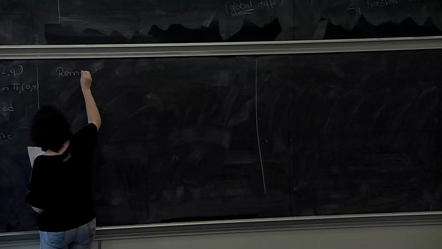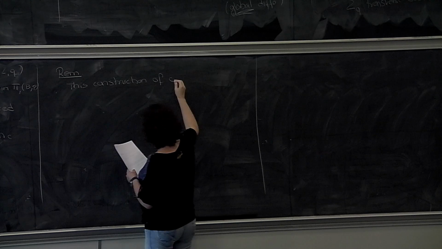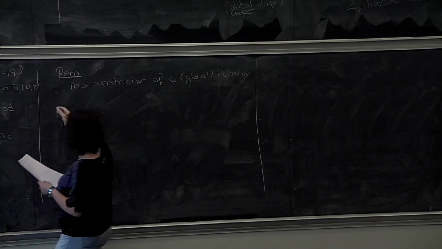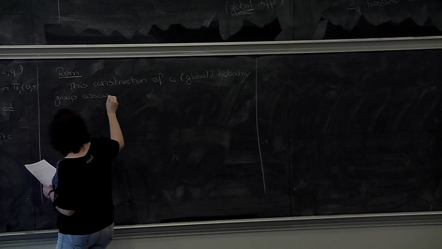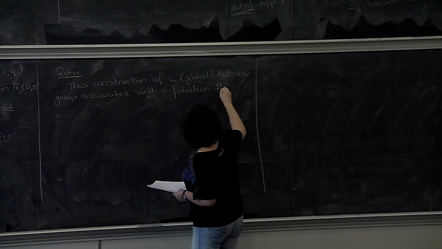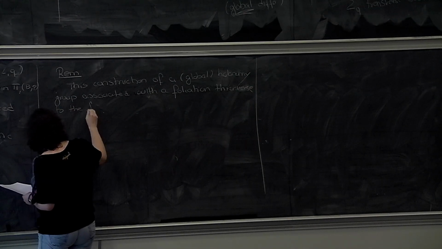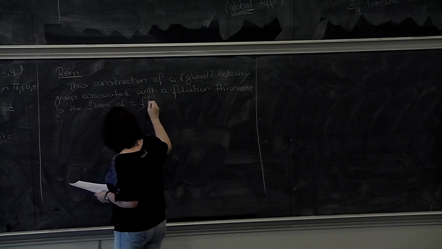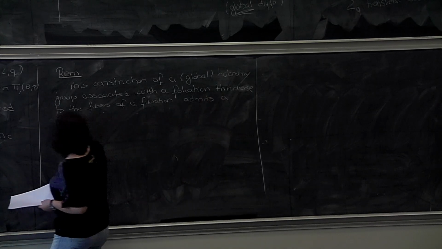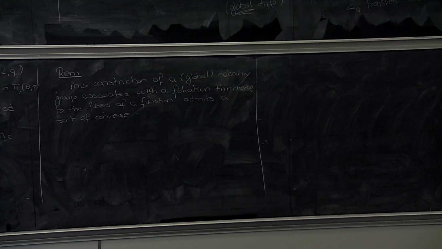So remark, this construction of a global holonomy group associated with a foliation transverse to the fibers of a fibration admits a sort of converse, and this is the proposition that we call the suspension of a representation.